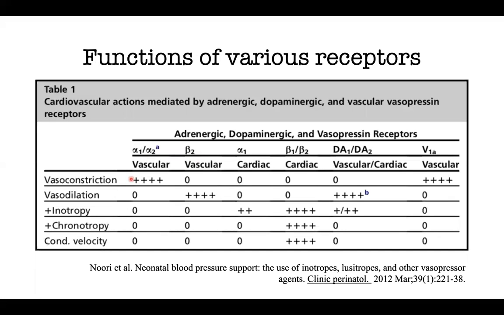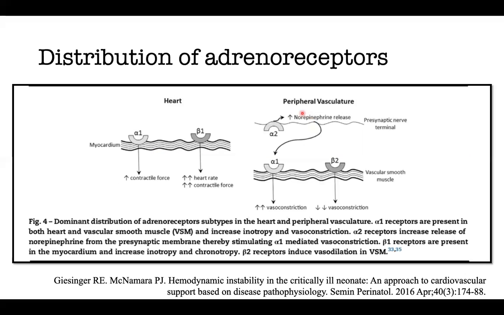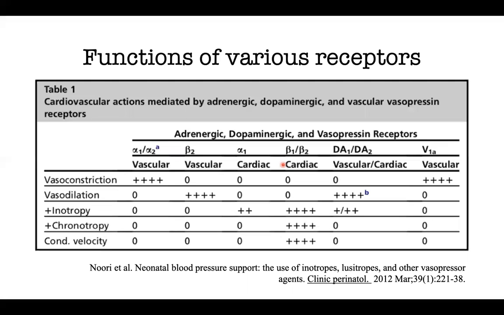Vasoconstriction is mediated by alpha 1 as well as alpha 2. Alpha 2, which is presynaptic, causes norepinephrine release, which acts on alpha 1. There is also V1A, the vasopressin receptor, present in vascular smooth muscle, which causes vasoconstriction. So for vasoconstriction, you have alpha receptors as well as V1A receptors.